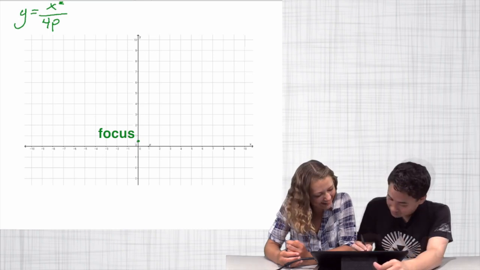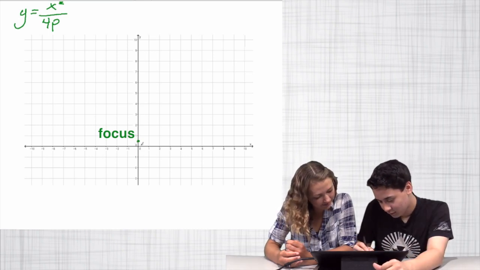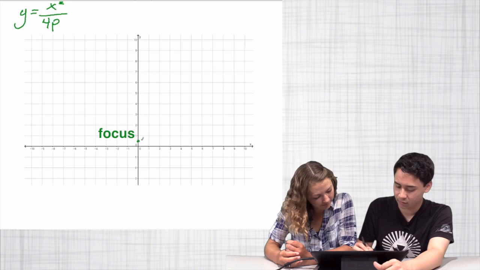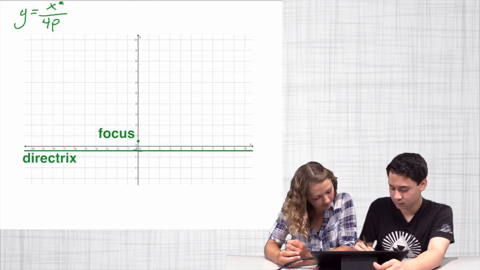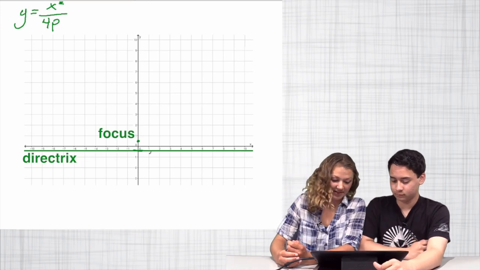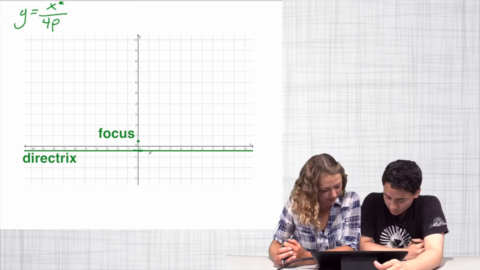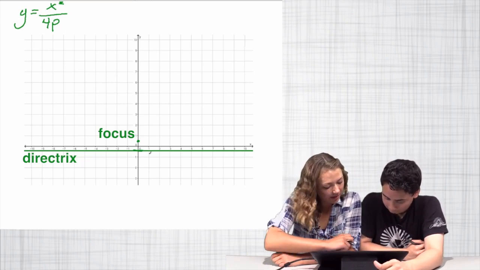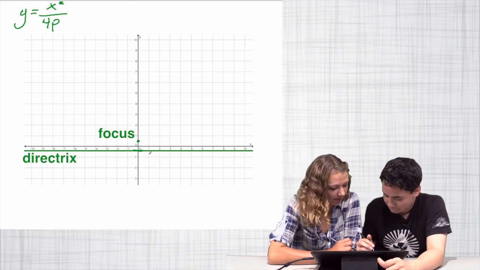Everything I know. So we know that since the focus is half unit above our origin, our directrix is going to be half unit below our origin, because they have to be an equal distance away from that point. And we know that... Let me just plug it in.